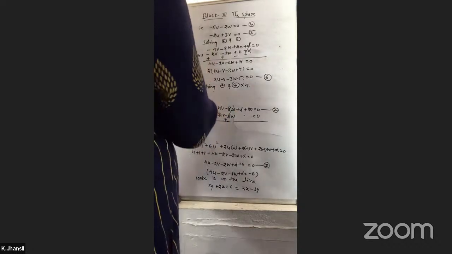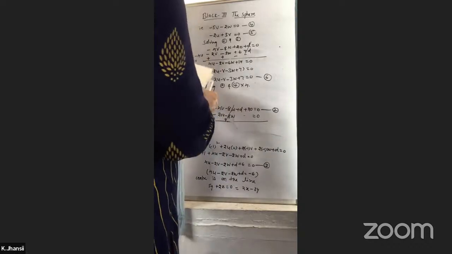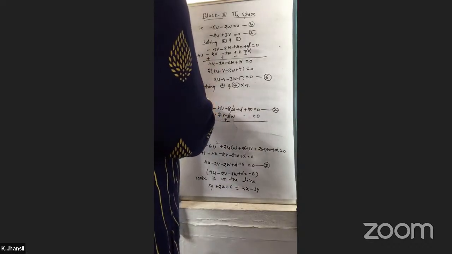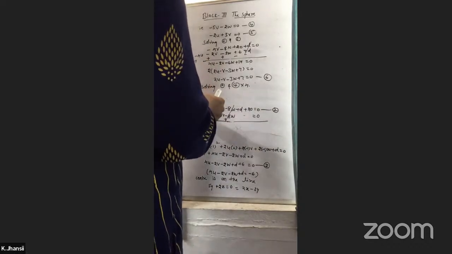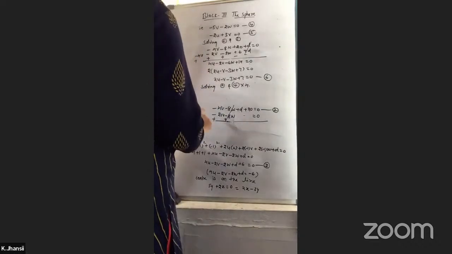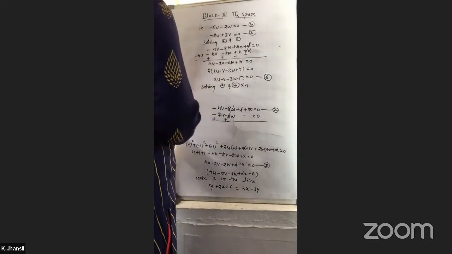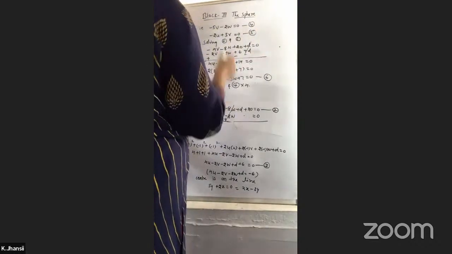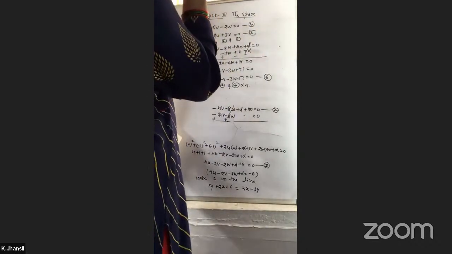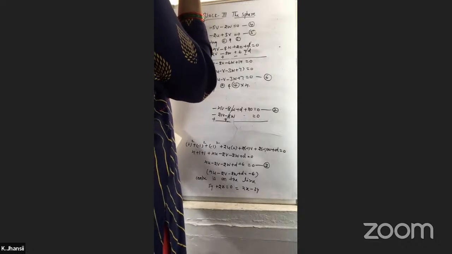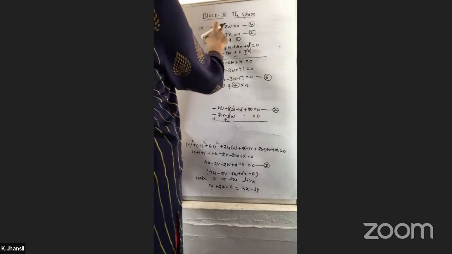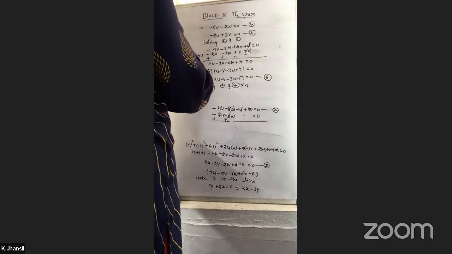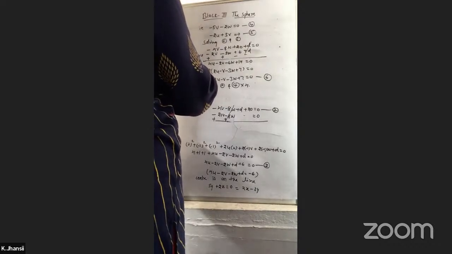Plus 8W equation. 8W plus 20 plus D equals to 0. Okay. So when you cancel out this one, you will get it as, what was this? This was the second equation. Minus 4V minus 8W plus D plus 20 equals to 0. So this is minus 4 to the 8. So plus minus both will get cancelled.